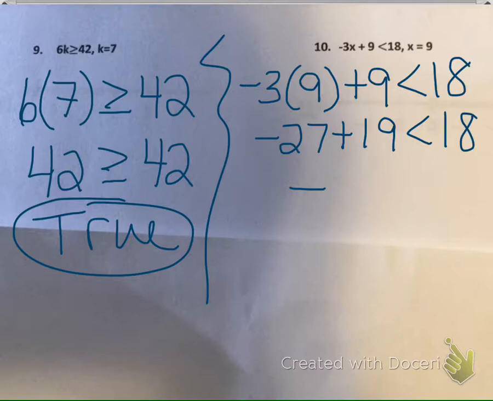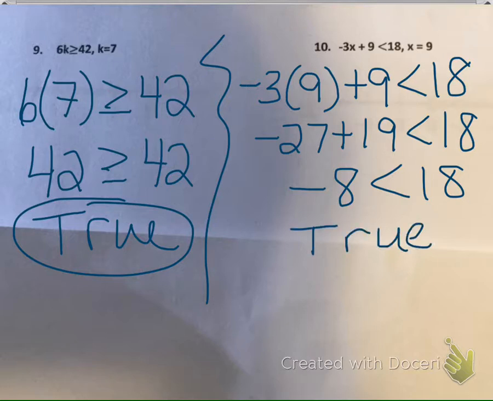That would be a negative number. Right there you could say that's definitely true because it's negative, it's less than 18. I'm going to continue to figure that out. If I do that mentally, 27 minus 20 would be 7, so one more would be 8, which is less than 18. And that would be true. And there you have that. Moving on to our next part.